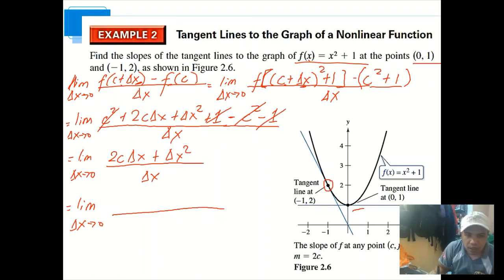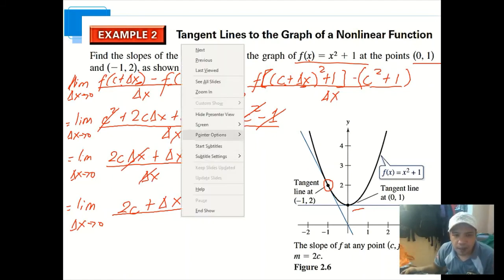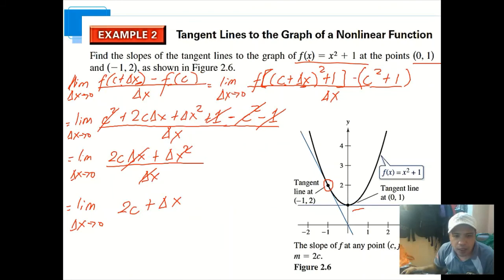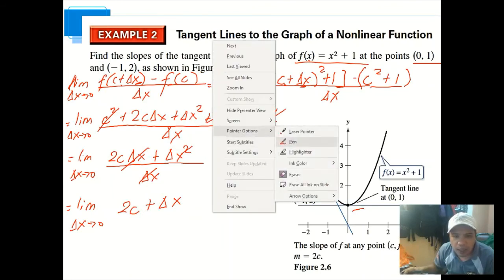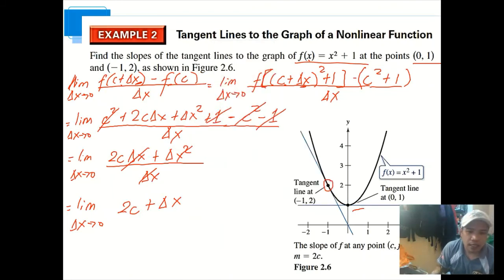So, matitira is 2c plus delta x. Kung makakancel to, at ito, isa. So, 2c plus delta x. Okay, so ang point dito is what will be the limit as delta x approaches 0. So kung ito is magiging 0, ang limit natin is equals to 2c.